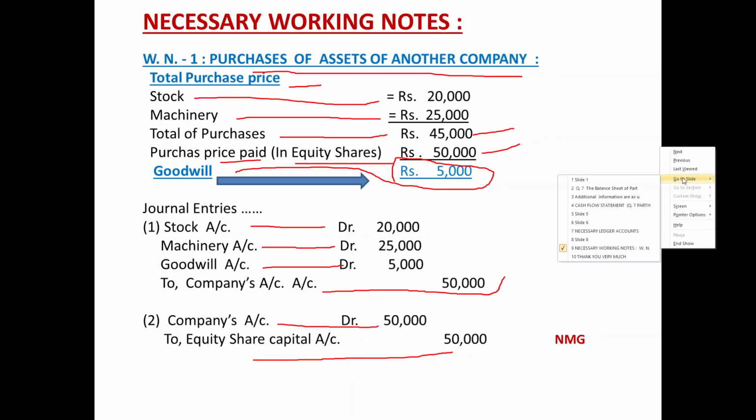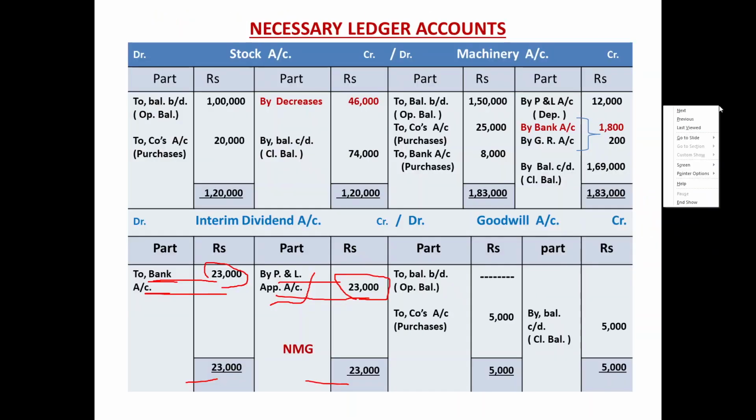Let us give the posting in the concerned ledger accounts related with this transaction. Have a look. Stock account. Opening balance 1 lakh, closing balance 74,000. First journal: stock account debited 20,000.